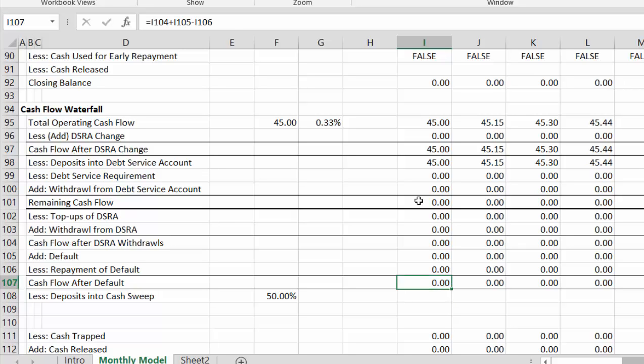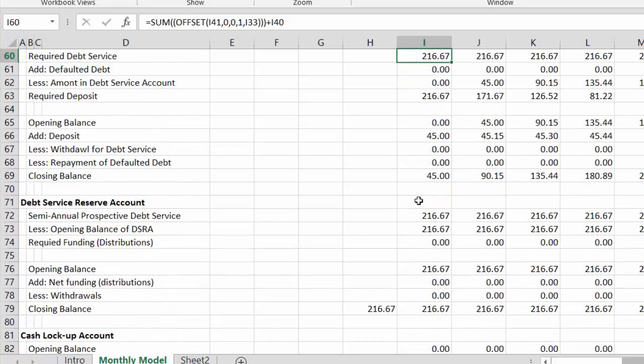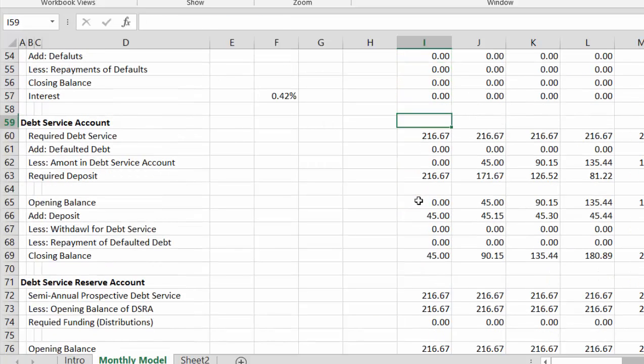Now, the reason we had a circular reference was simply because in the debt service reserve account, right now I think I took the required debt service now. Yes.